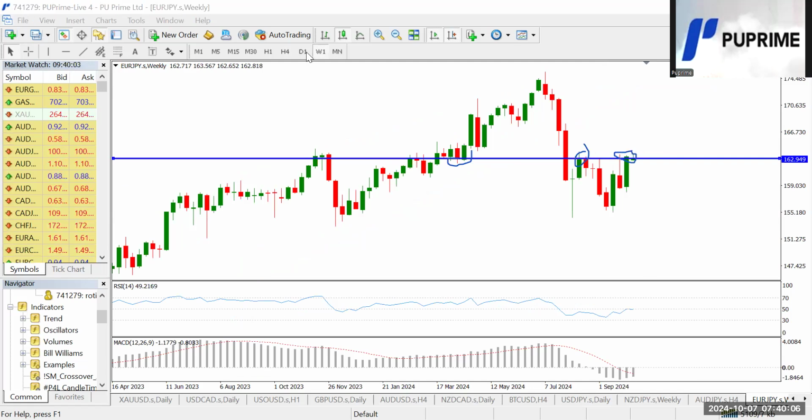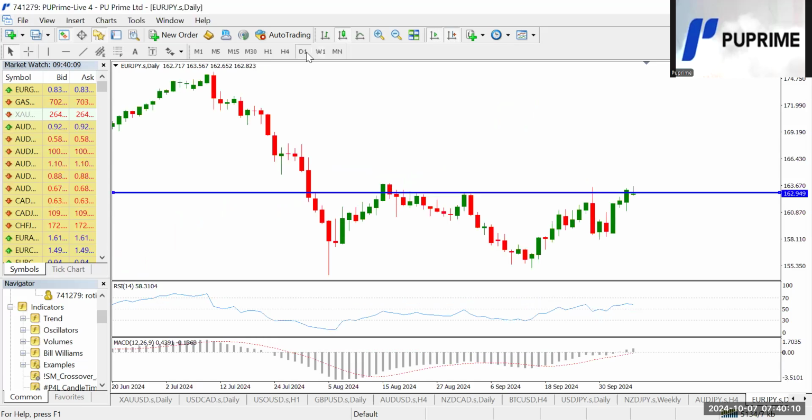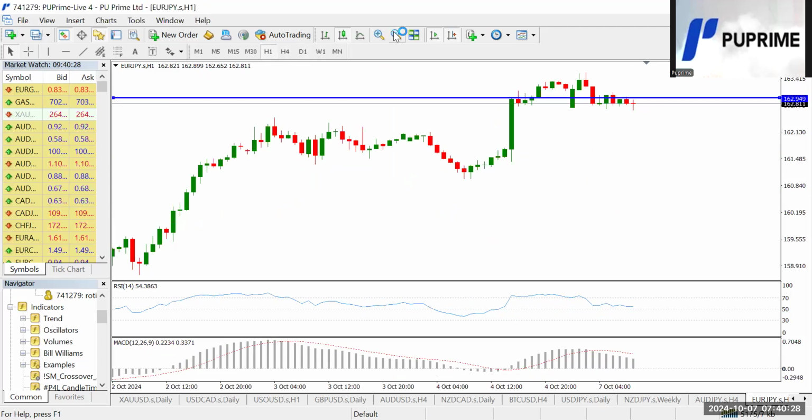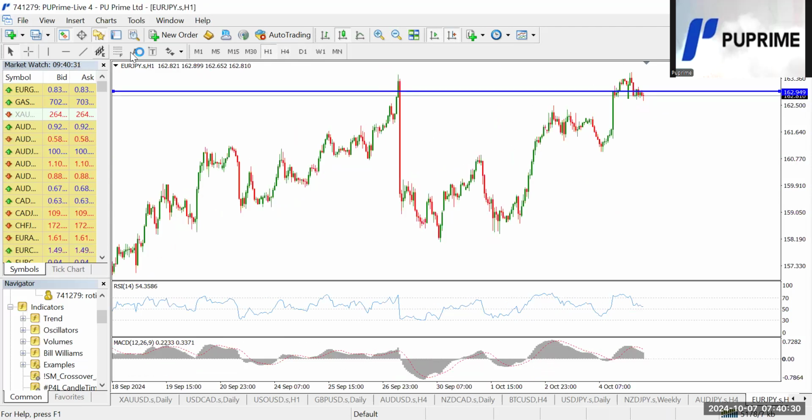So with that resistance on weekly, let's check out the daily. Still have a valid resistance on the daily, then the 4 hour. Good. Now on the 4 hour, we can see that we have a previous rejection candle here, at this same resistance level. So technically, we'll be looking for an opportunity to sell the Euro JPY. And if we want to take it further, let's look at both the 4 hour and the 1 hour.